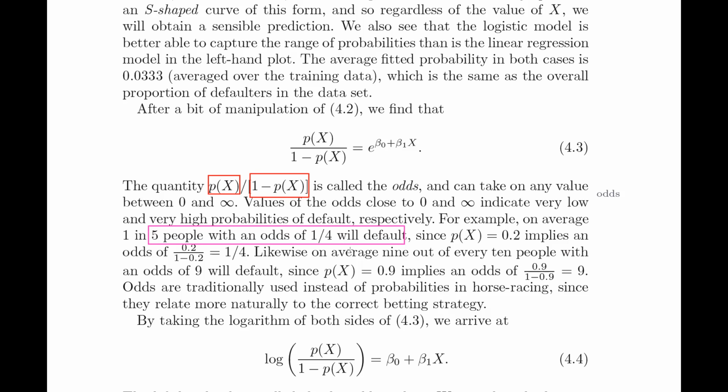Likewise, on average, 9 out of every 10 people with odds of 9 will default. So odds of 9 is 9 on 1, which means 9 out of 9 plus 1.